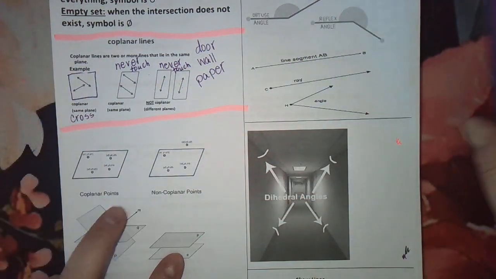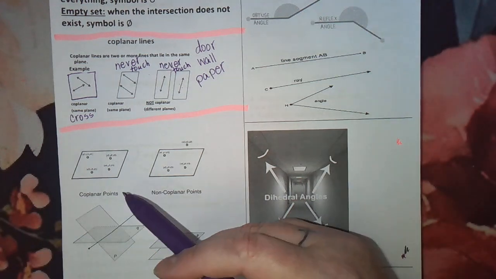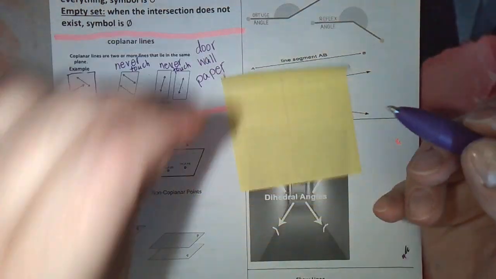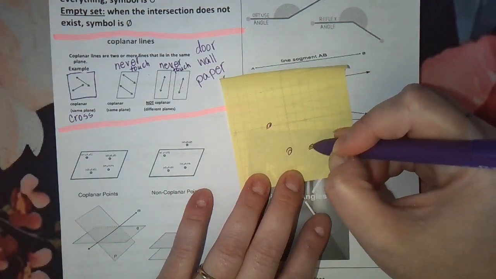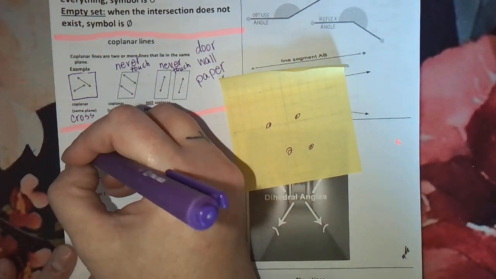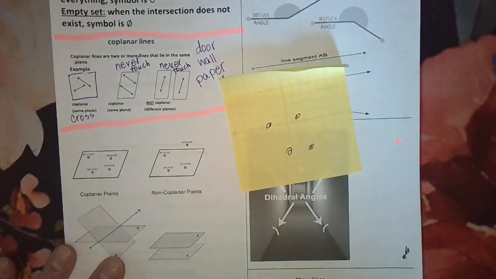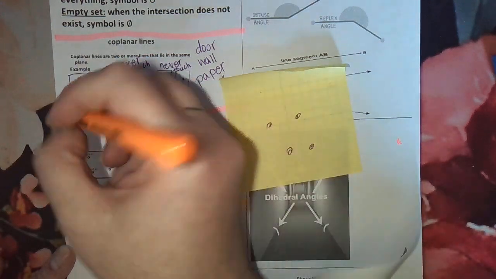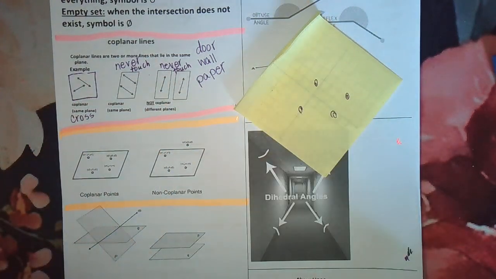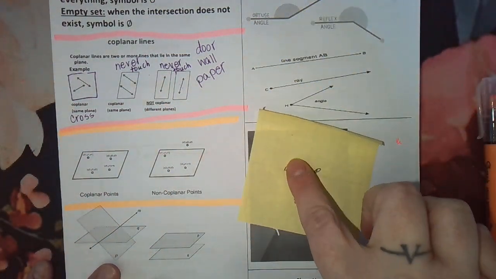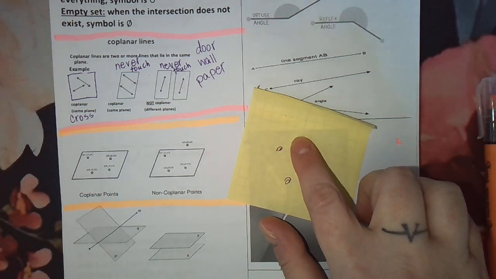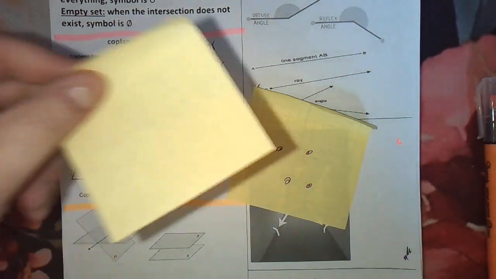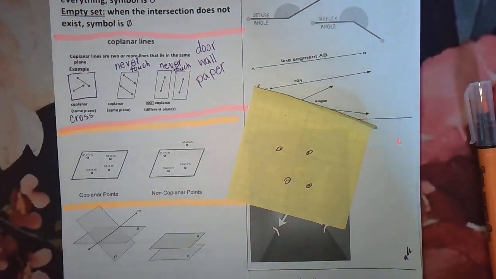Okay, let's keep going. Coplanar points means you have dots all on the same piece of paper. Non-coplanar points means you have dots on this one piece of paper, and then you have a dot way up here on a different plane.